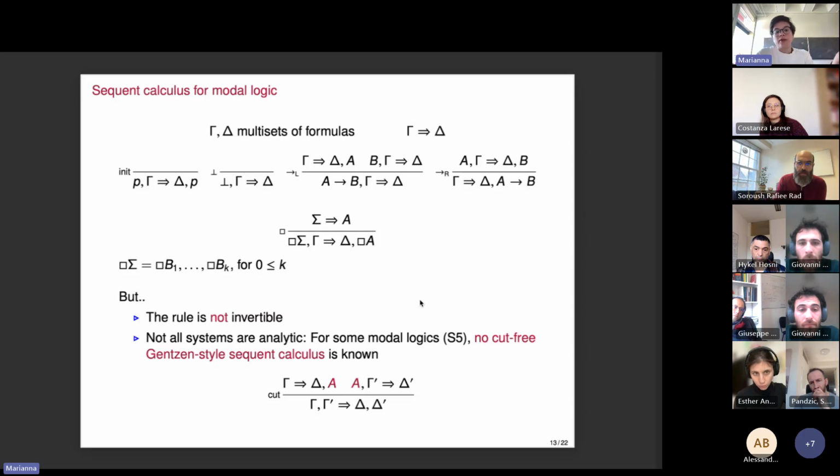Which means if you want to define a sequent calculus for S5, you will need to include the cut rule, and you have no way of showing that it is admissible. So in this sense, sequent calculus for modal logics has some limitations, specifically if you want to implement a decision procedure for it.